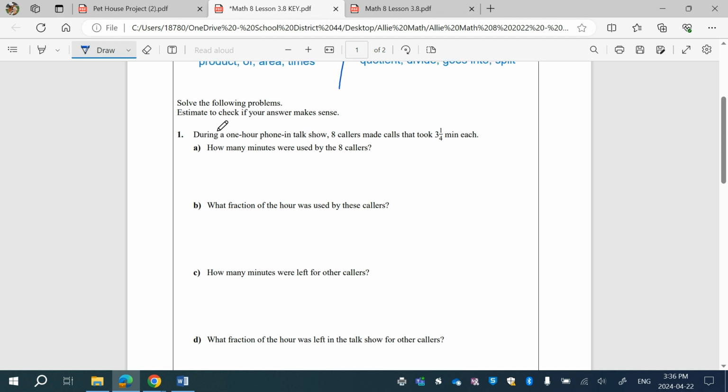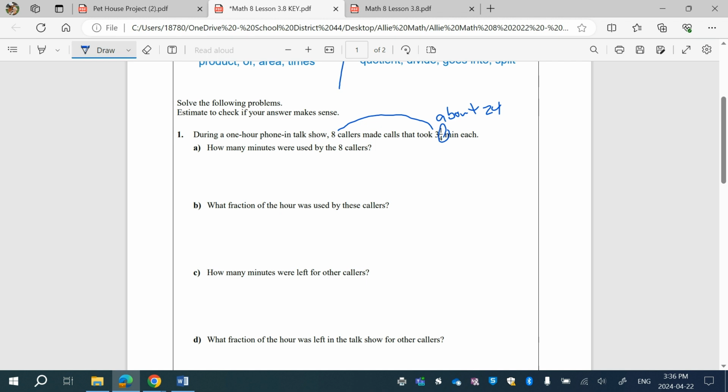During a 1-hour phone-in talk show, 8 callers made calls that took 3 and 1/4 minutes each. So roughly, if we're going to estimate, it's roughly going to be 8 times 3. So, about 24, but more than that because we also have those quarters. So how many minutes were used by 8 callers?